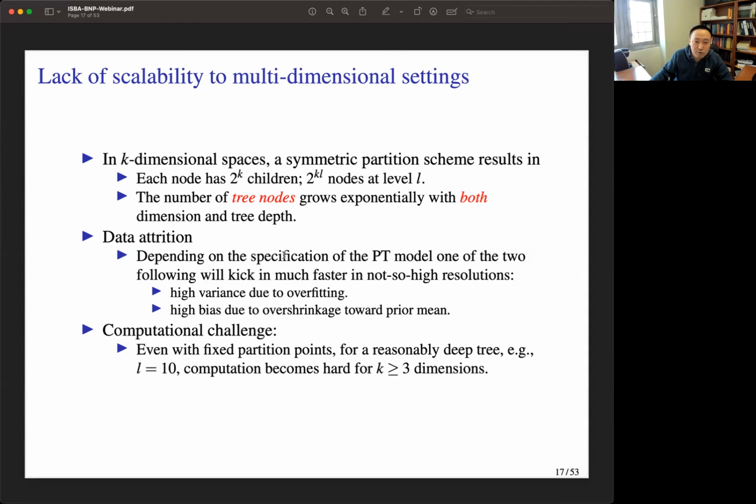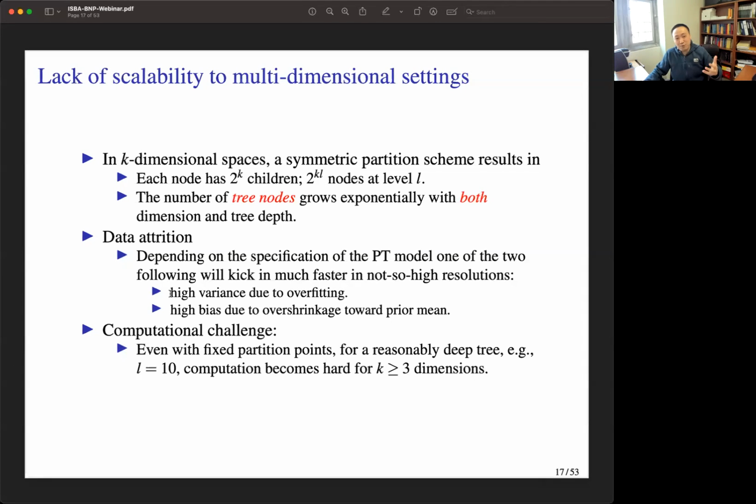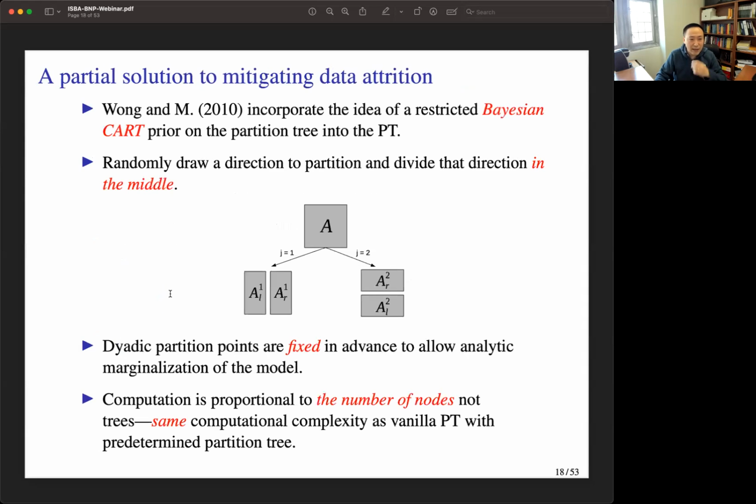And depending on how you specified your model a priori, that could either result in high variance due to overfitting to very sparsely populated data blocks, or very high bias if you've imposed very strong smoothing assumptions a priori. Either way, the resulting inference is going to be terrible, right?